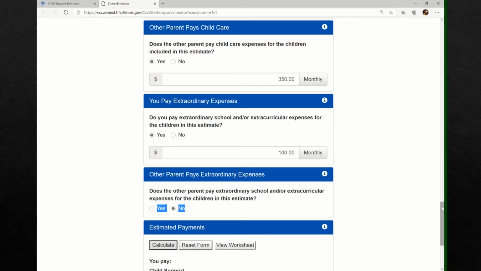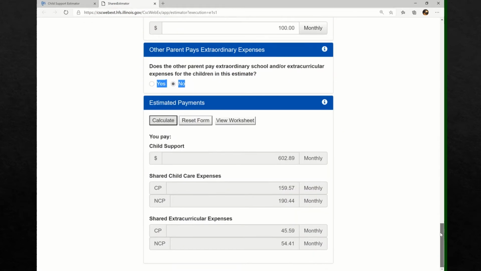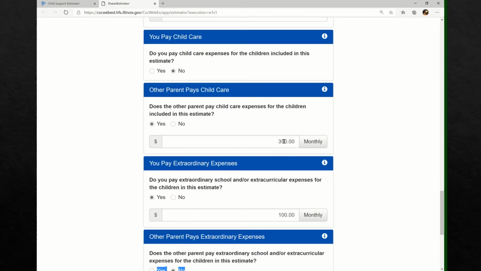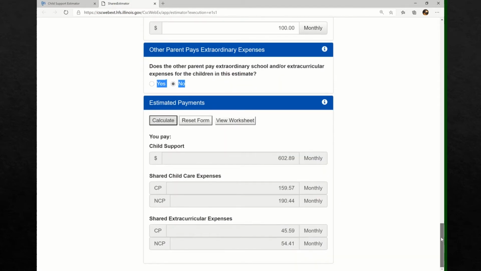What that does is give you a number and a worksheet. So the number it has calculated is $602.89 monthly, which is the child support you will pay to your ex, and these are the shared childcare expenses. We had entered above that $350 was being paid to the nanny, right? $350 was being paid to the nanny, and there was some healthcare insurance coverage as well.